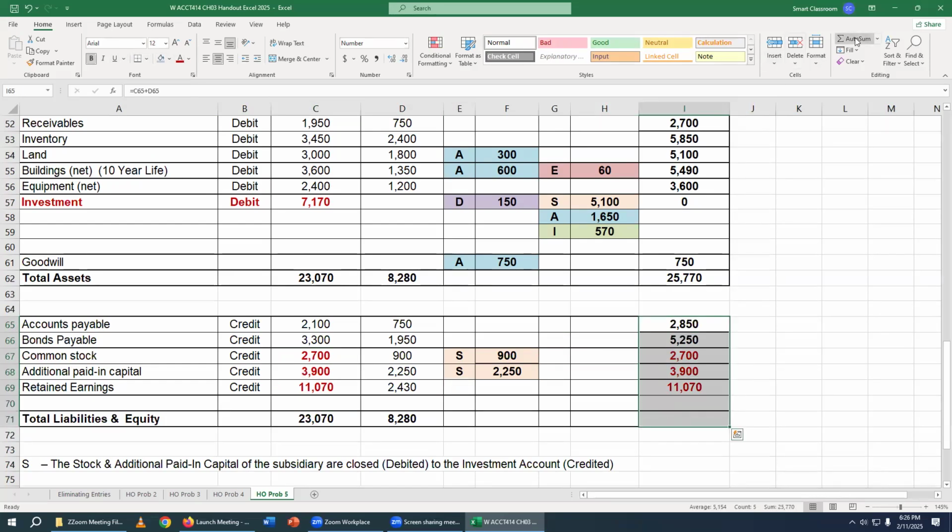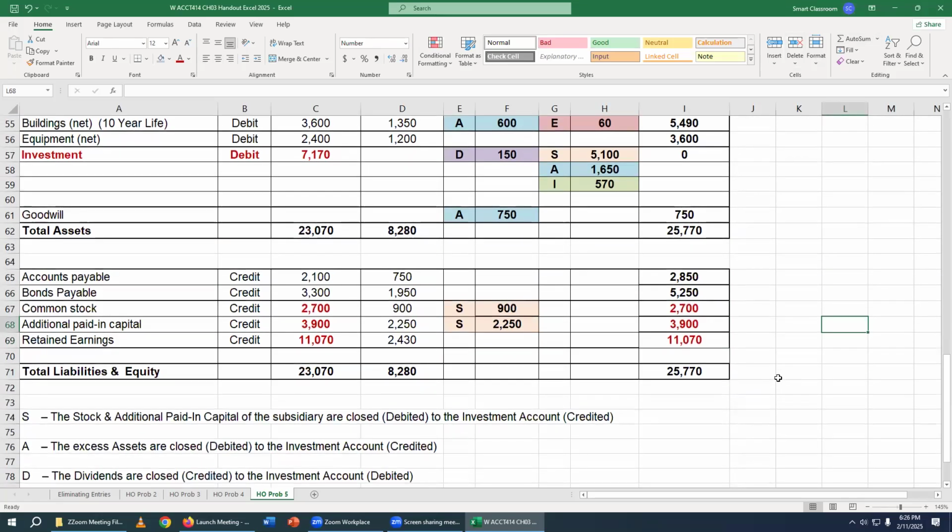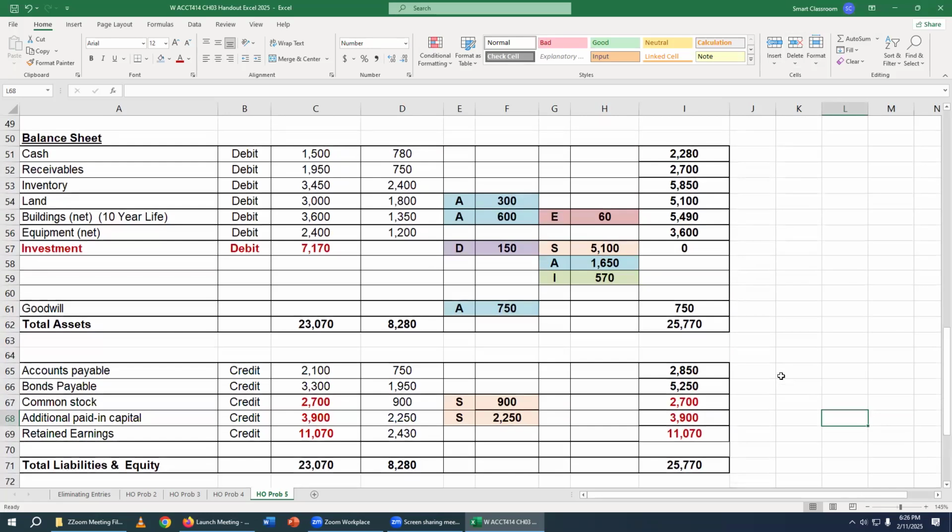Let's hope they match. Hey, they do. How about that? Okay, so that finishes up the handout.